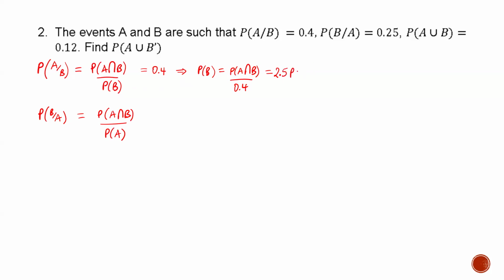So this becomes 2.5 times the probability of A intersection B. Similarly, if this is 0.25, this implies that the probability of A is the probability of A intersection B divided by 0.25. And dividing by 0.25 is the same as multiplying by 4.